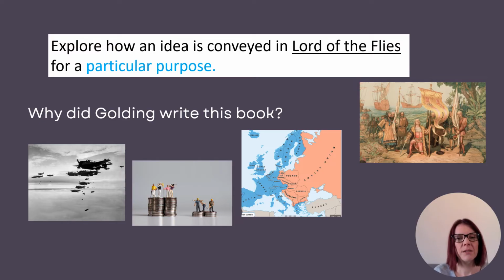We know he was writing at the start of the Cold War, which deeply affected people all across the world. So this was the war where the capitalist West were fighting against the communist East. And we know that Golding was deeply critical of colonialism and this idea of English people being better than those that they invaded.